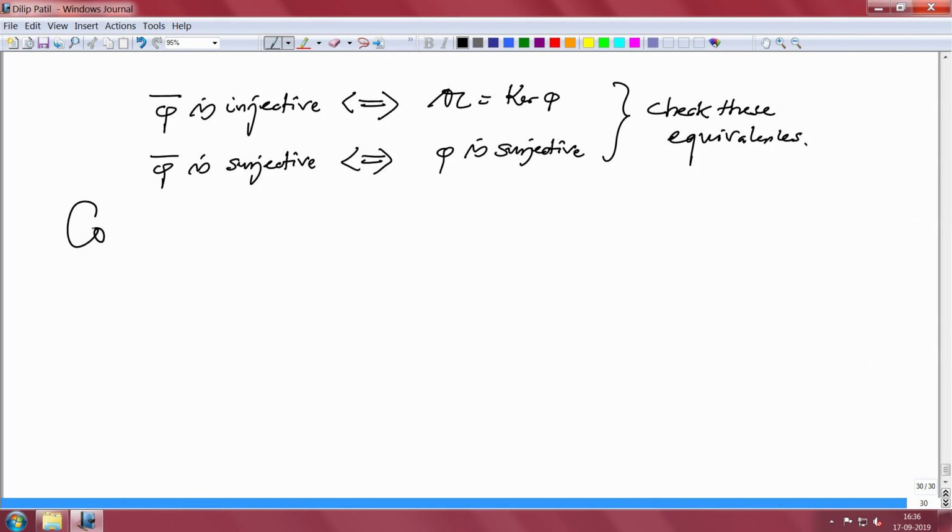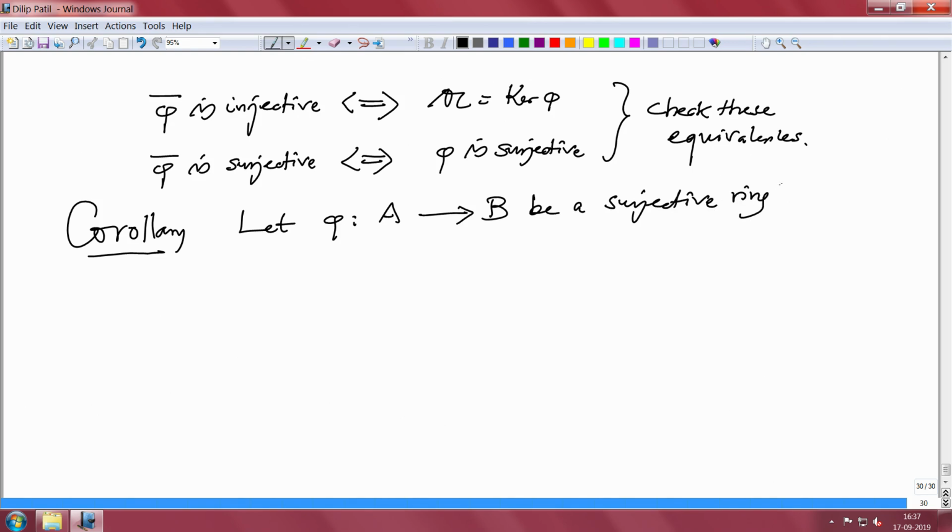So, corollary. Let phi be a ring homomorphism from A to B, a surjective ring homomorphism.